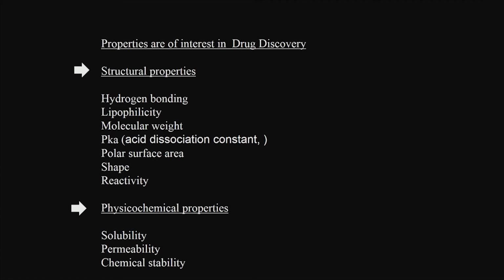So, your molecule has to be stable. When it goes inside your plasma, you are talking about enzymes like esterases, oxidoreductases, lipases. So, your drug has to be still stable in the presence of all these enzymes. So, stability also becomes very important, not only at different pH conditions, but also inside your body.